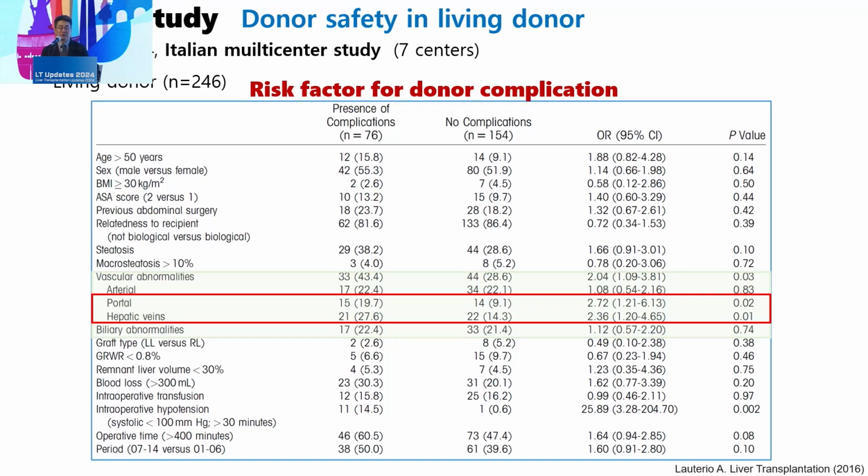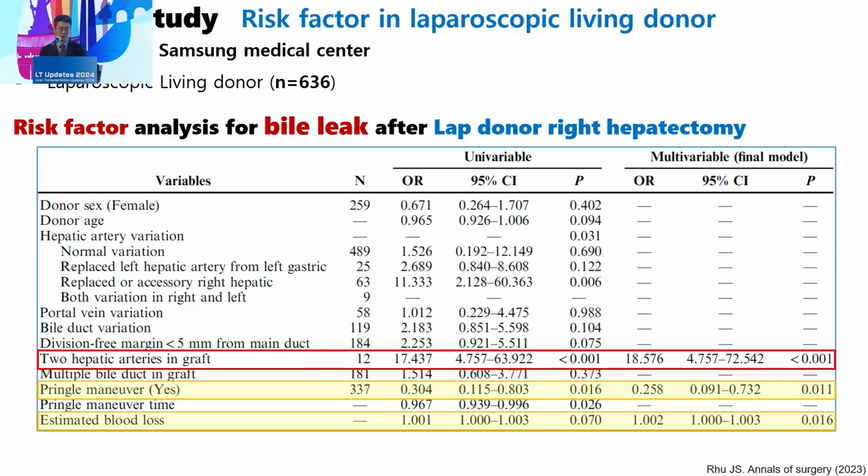I will briefly review the background of our research. The interior dermatitis center study group reported that portal vein and hepatic vein variation is a significant risk factor for donors. In laparoscopic liver surgery, two hepatic arteries in the graft was a significant risk factor for biliary leakage in right liver living donors.